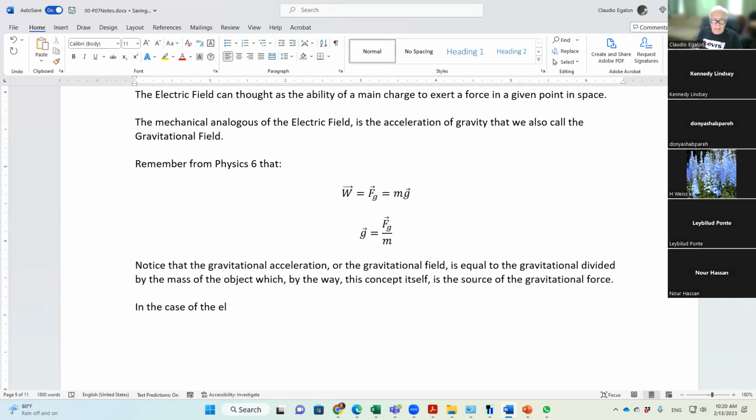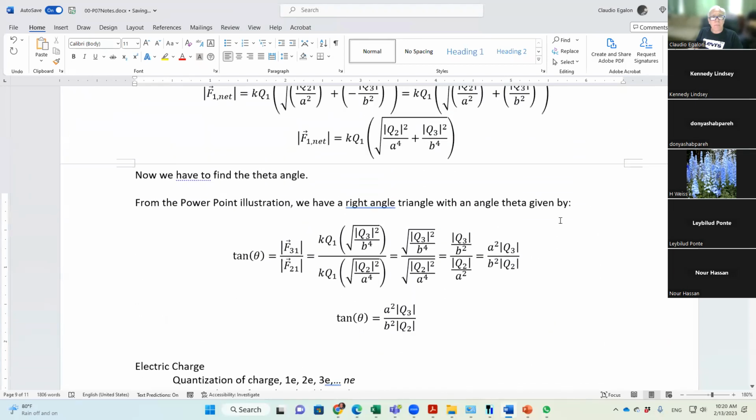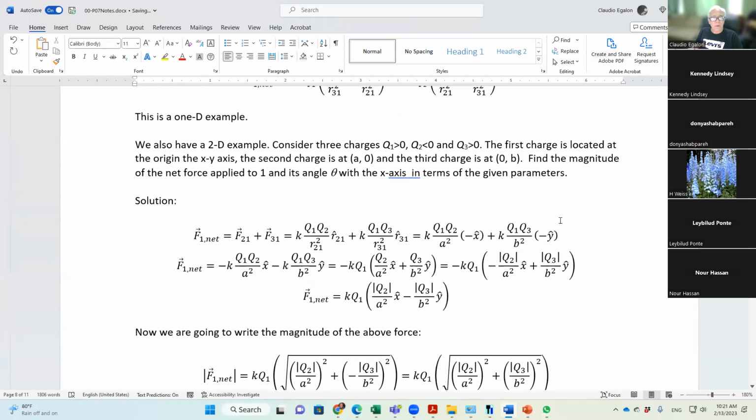In the case of the electric field, we have something similar. Or, you know, the electric force. Let's go back to the electric force.